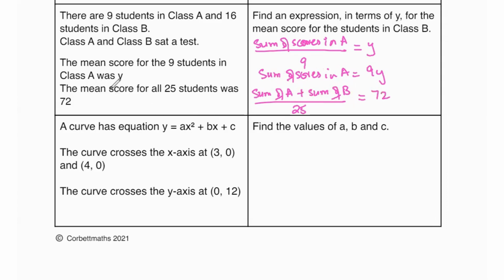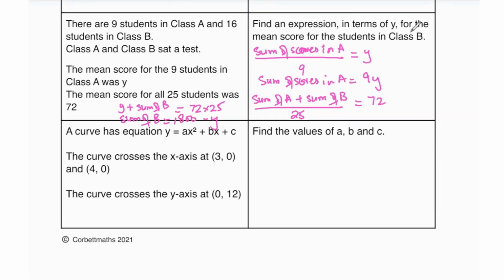So that's going to be 9Y plus sum of B equals 72 times 25. So sum of B would be 1800 minus 9Y.